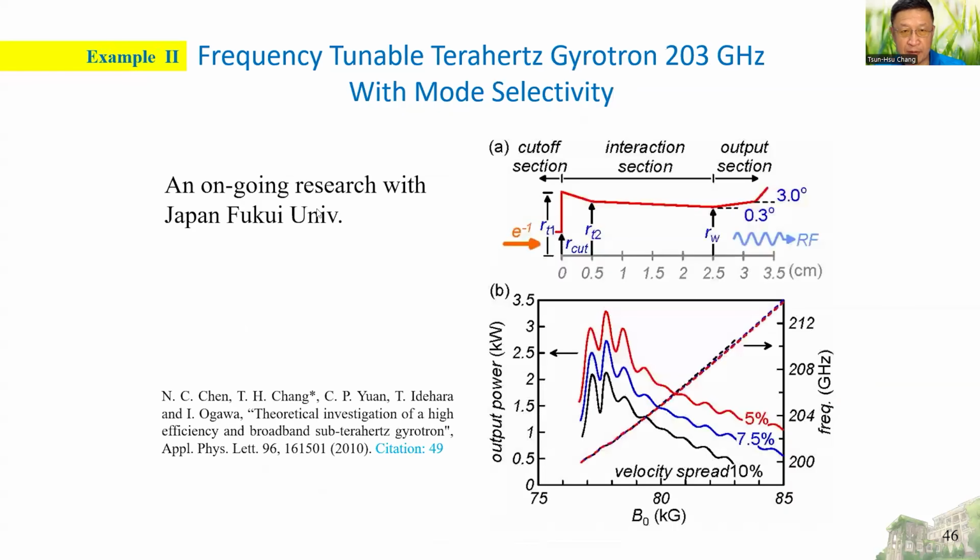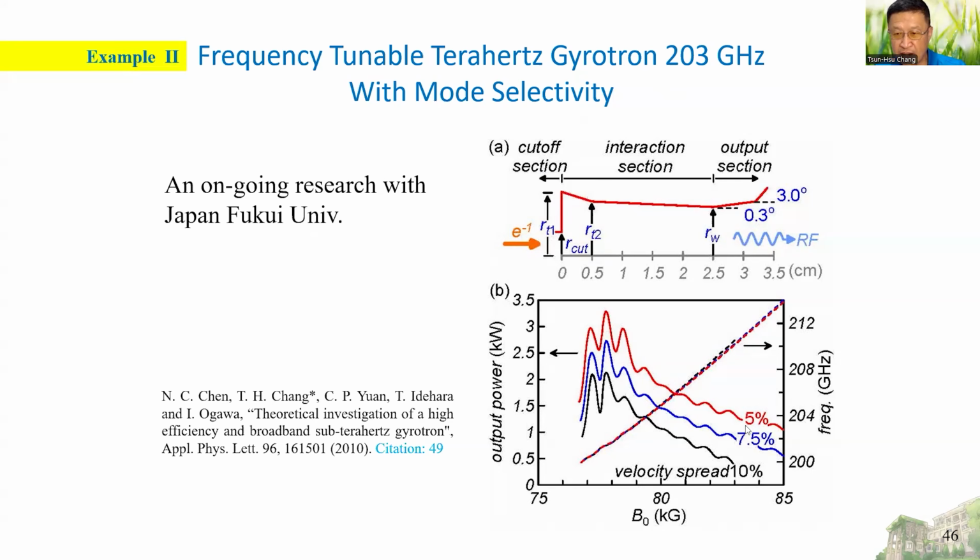Second, another example. We change to this structure, which has a sharp cutoff, but in the middle it is not uniform, also tapered, with 4 taper sections. So the middle section is not uniform at all. It's ongoing research in collaboration with Fukui University.